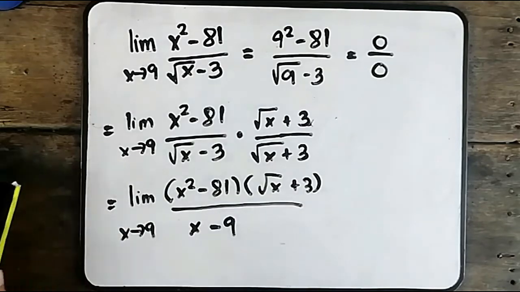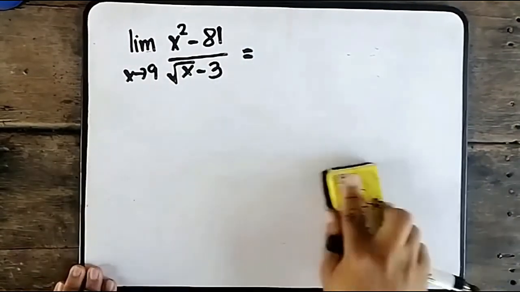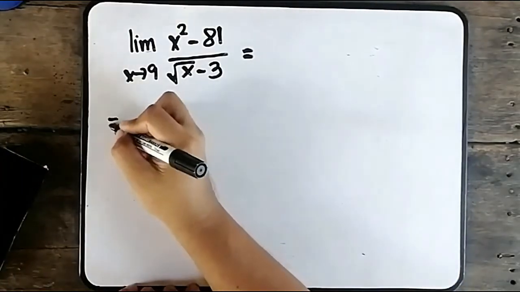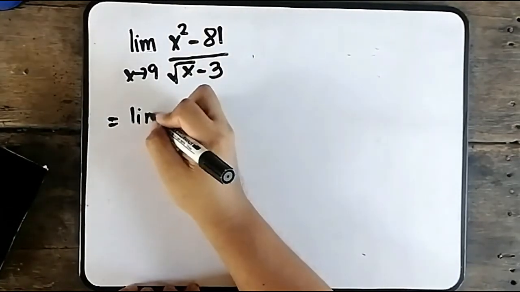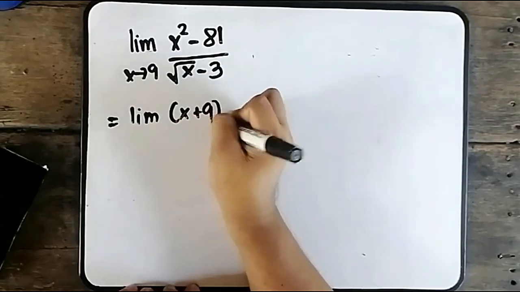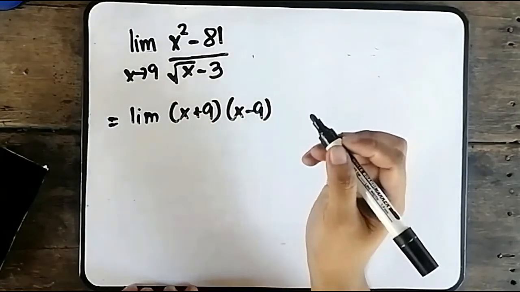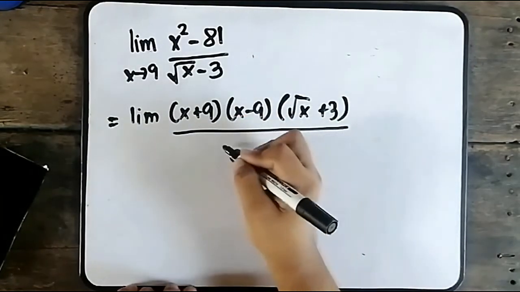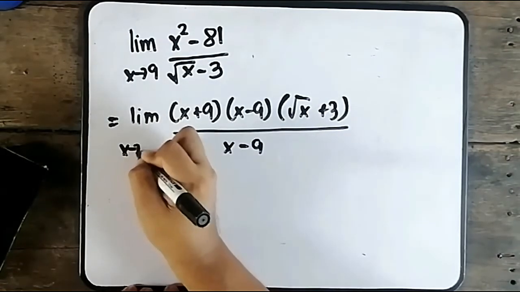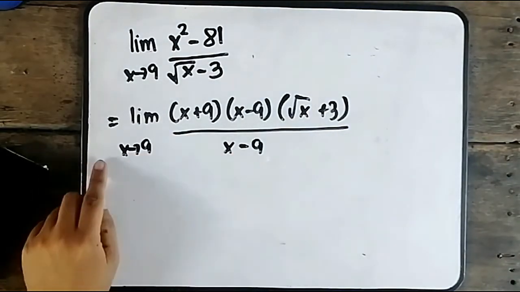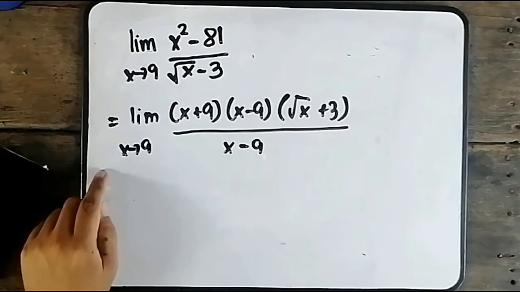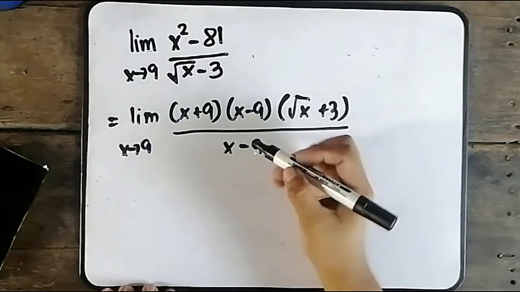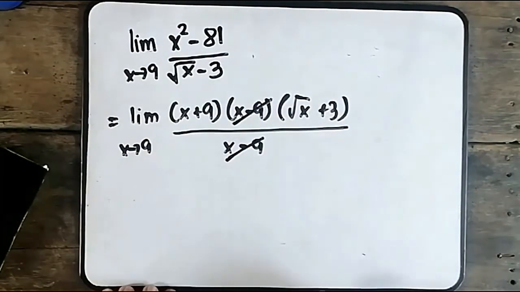Right? So we now have this expression, x plus 9, x minus 9 times square root of x plus 3 all over x minus 9. And meron na tayo ngayong common factor, so pwede na natin siyang tanggalin.